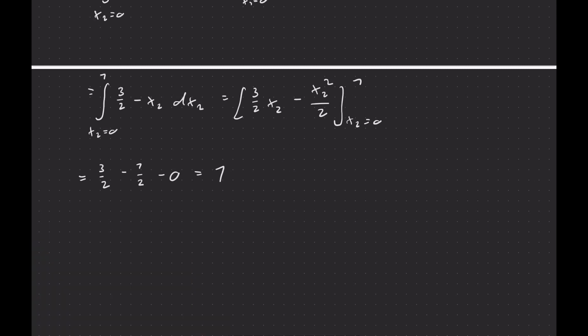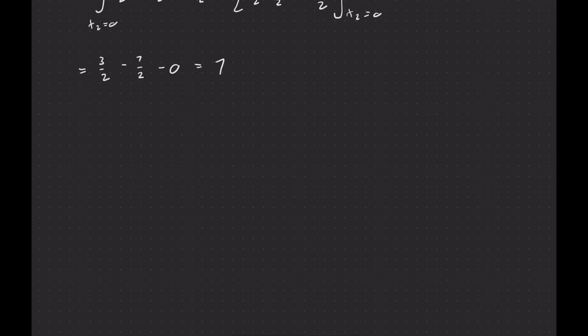Now let's try something else. Let's try something a little more complicated. So that's our next example here. We want to integrate a function from 0 to 1 in x1, and then let's make x2 different, from 0 to pi over 2 in x2.